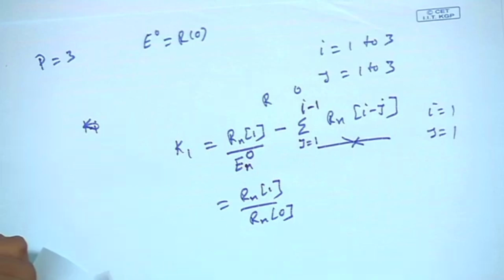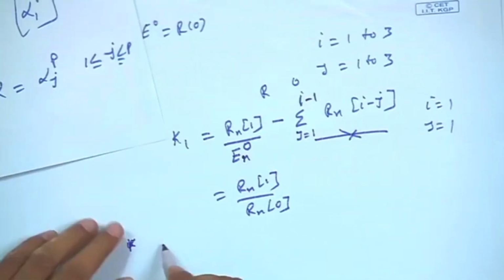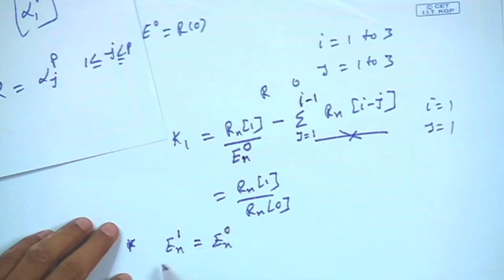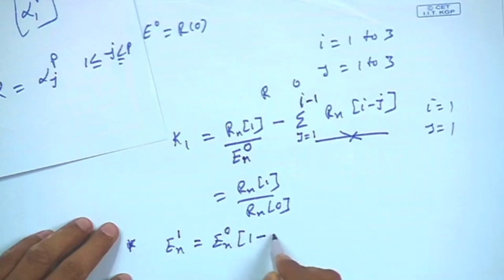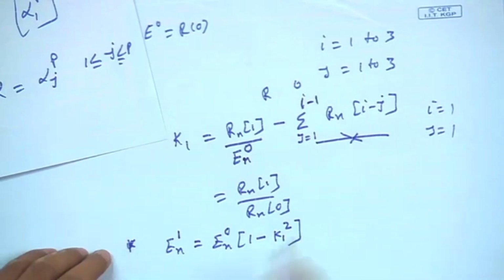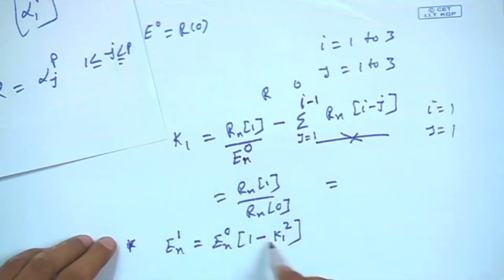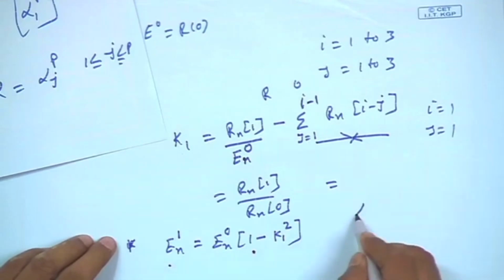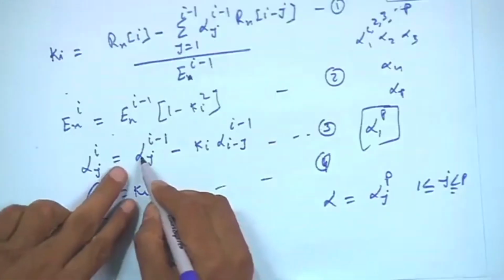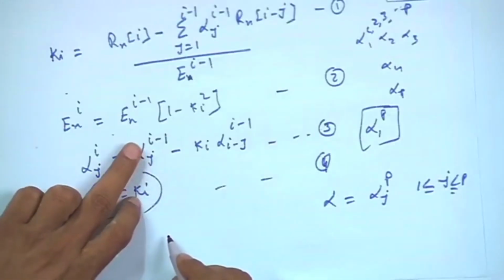Now I can find out K2. K1 I have found, then E n 1 is equal to E n 0 into 1 minus K1 square. So, I get the value of K1, I can put the value of K1 here and find out E n 1. Then what is alpha j I? If you see alpha j I, here I put j equal to 1, I equal to 1.